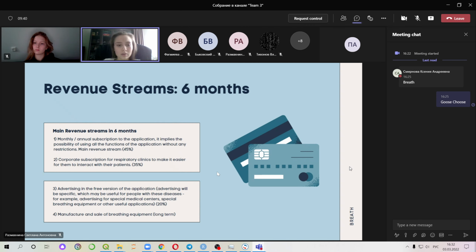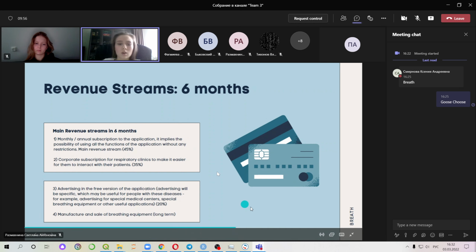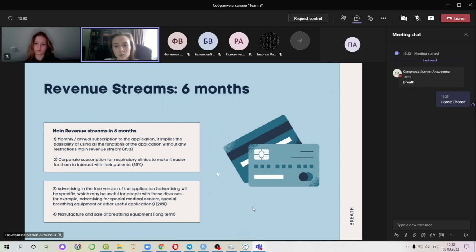And the third revenue stream will be advertising in the free version of this application, and advertising will be specific, which may be useful for people with diseases. For example, advertising for special medical centers or special breathing equipment or other useful applications.